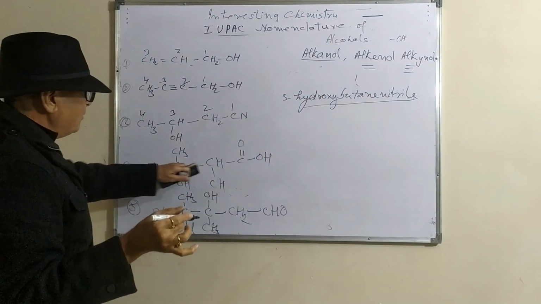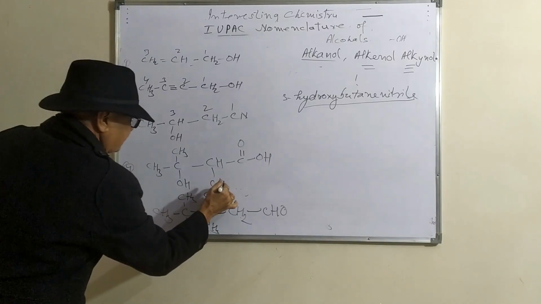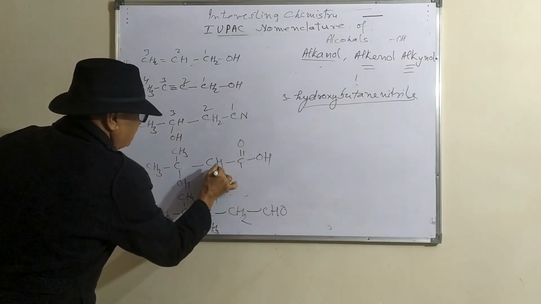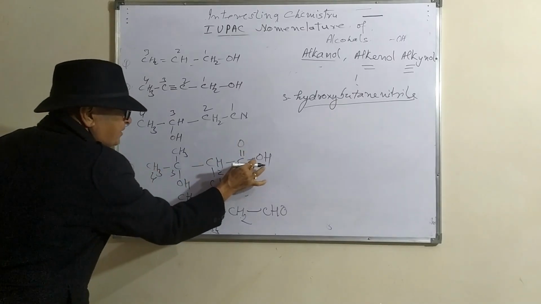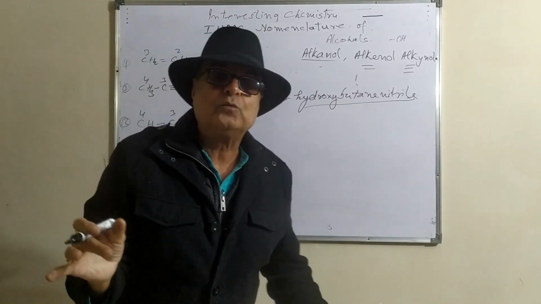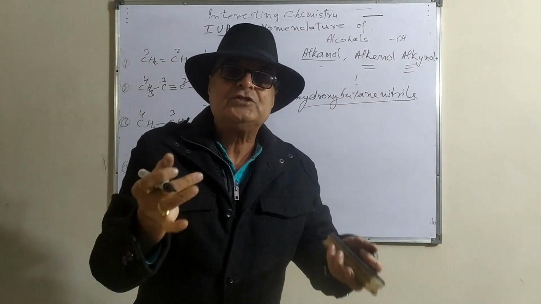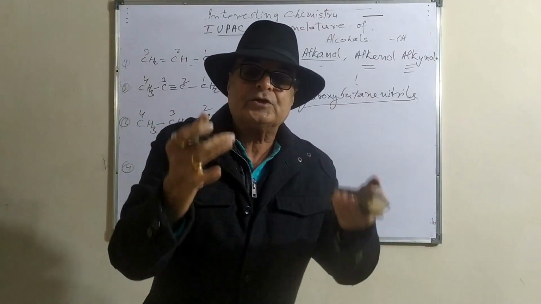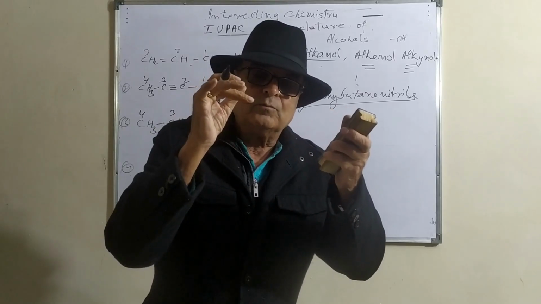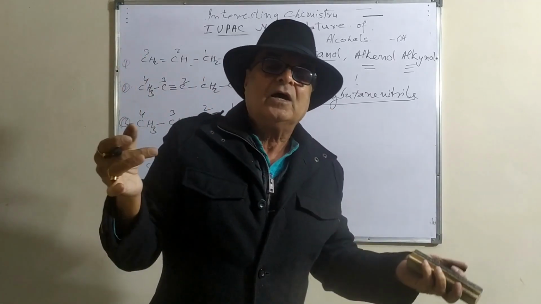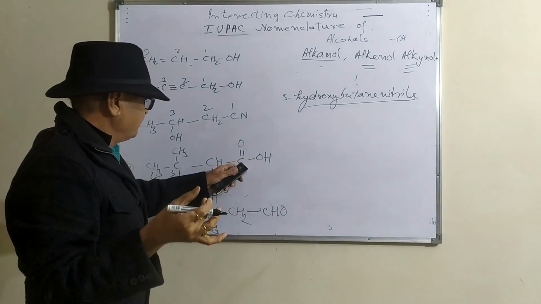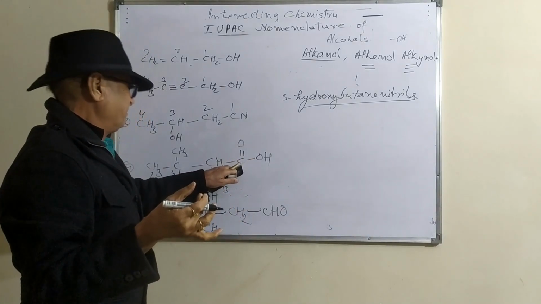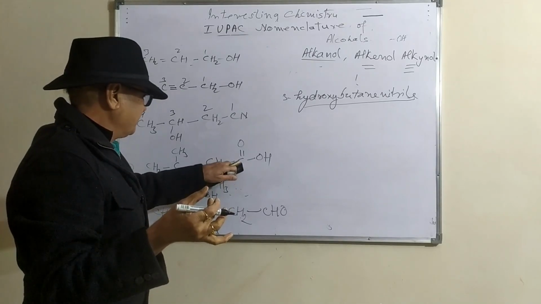Again, what will be the name of this compound? 1, 2, 3, 4. See here, CH3. Here a COOH group is there. So the acid group is the most senior in the seniority of the compounds, it is more reactive than any other compound. So this carbon will be provided with the number 1.